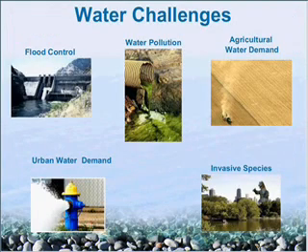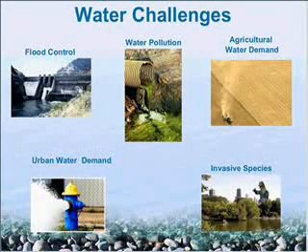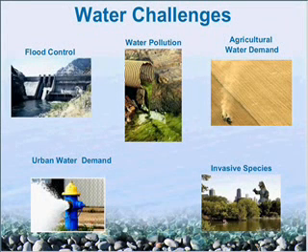Now, our rivers and our water resources already face a number of challenges, from flood control and the big structures that are built to manage our floods, and when people decide to live in floodplains, those cause a number of issues. Water pollution is a big one. Water demand, both agricultural and urban, and invasive species.